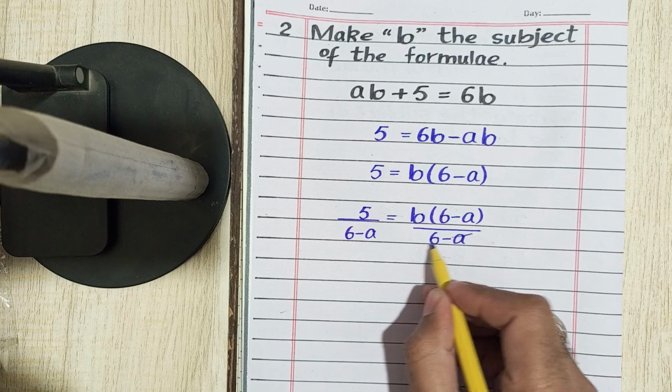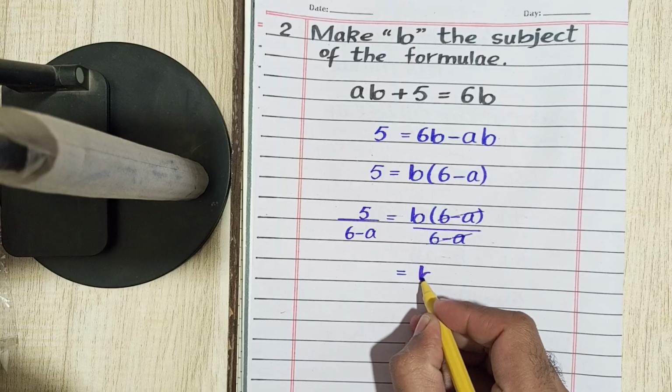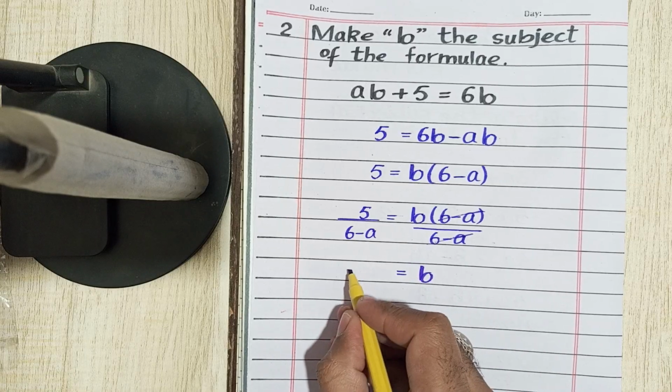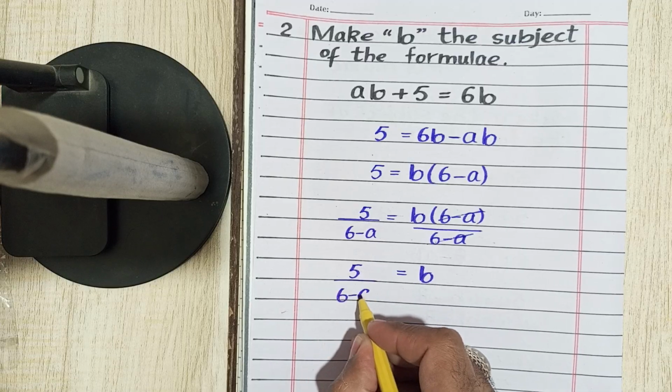So we cancel out this 6 minus A with 6 minus A, and we have B equal to 5 over 6 minus A.